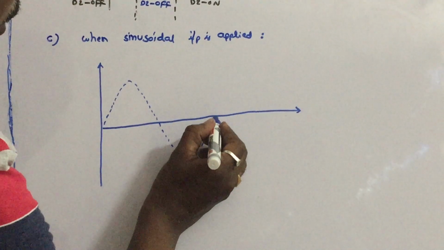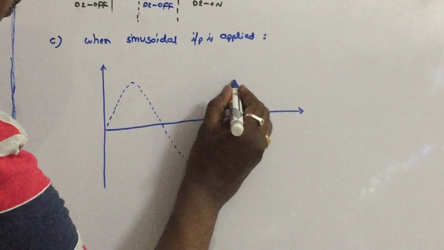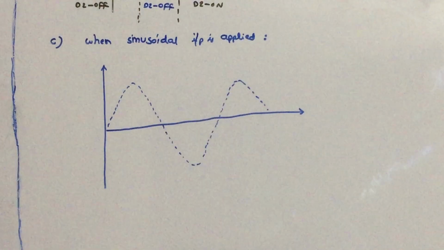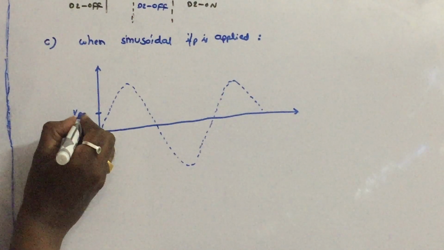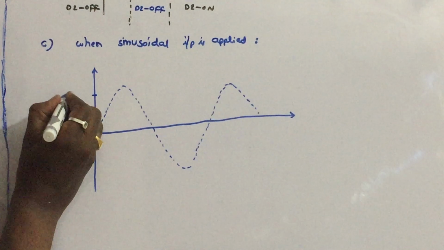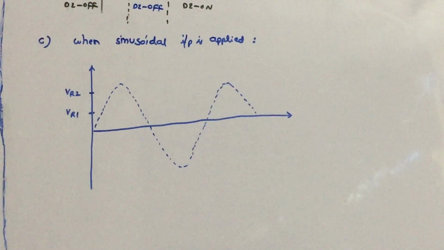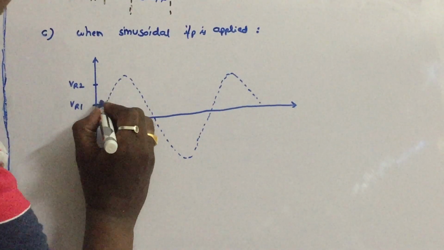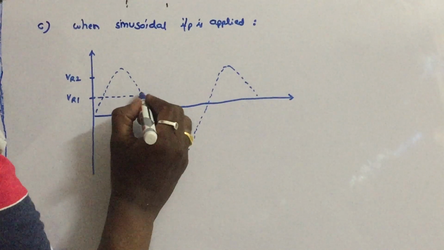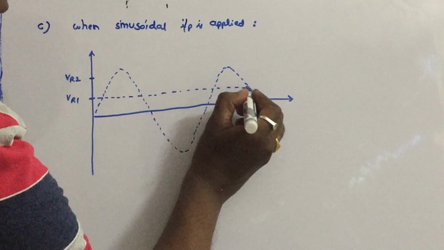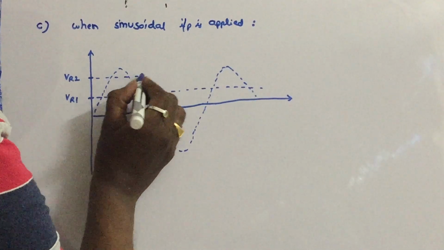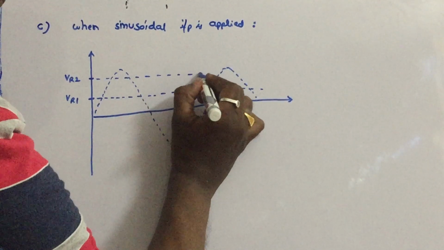Let us see which portions of the input waveform are going to be clipped or removed. So here represent two reference voltages, say VR1 and another reference voltage VR2. Since VR2 is greater than VR1, we have to mention like this. Just slightly draw dotted lines like this. So this is the VR1 reference line. So this is the VR2 reference line.